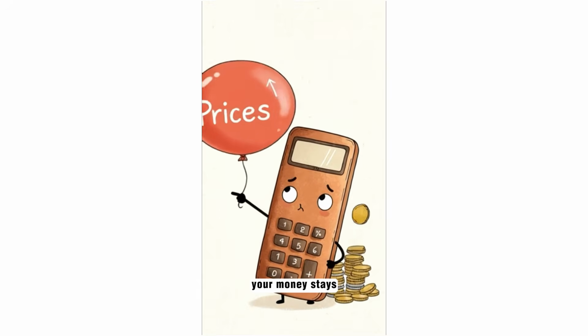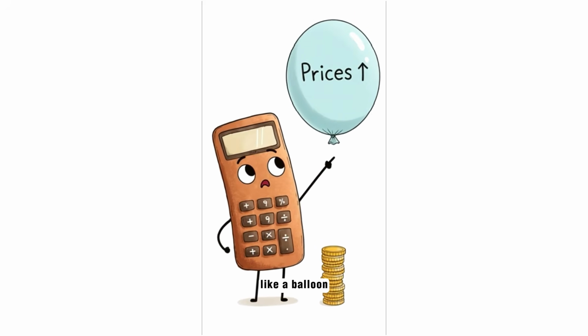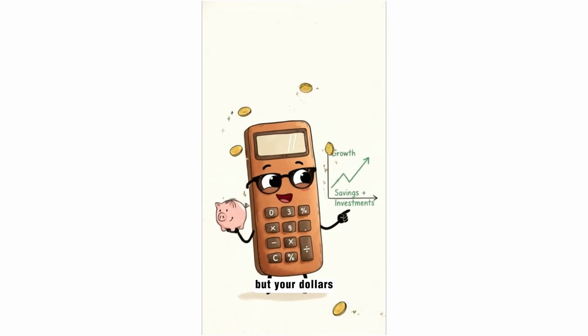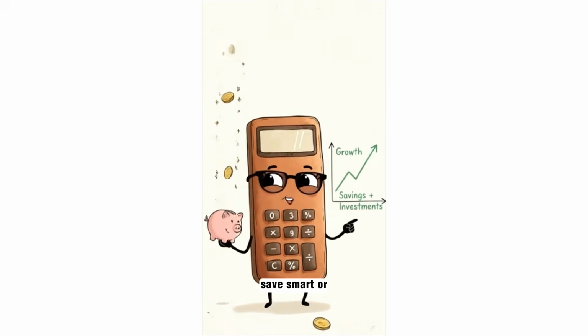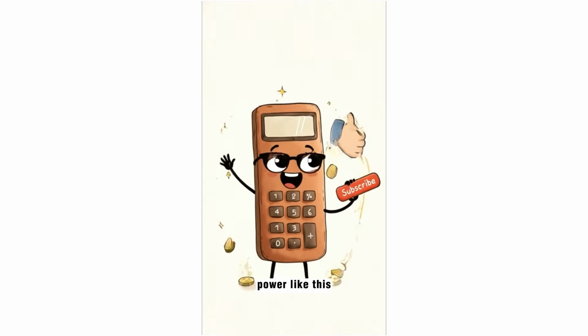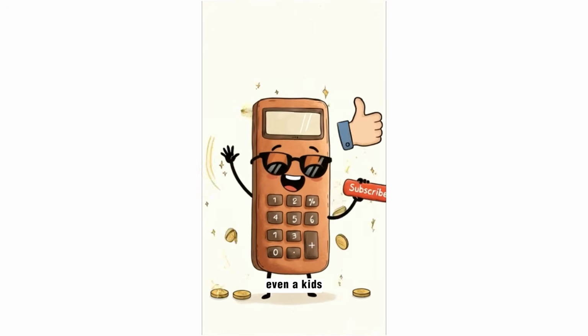Your money stays the same, but things get more expensive. Think of it like a balloon. Prices stretch bigger, but your dollars don't. To beat inflation, save smart or invest. Don't let your money lose its power. Like this tip? Hit and subscribe for more money hacks even a kid can get.